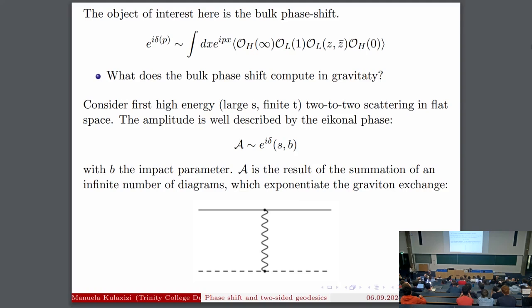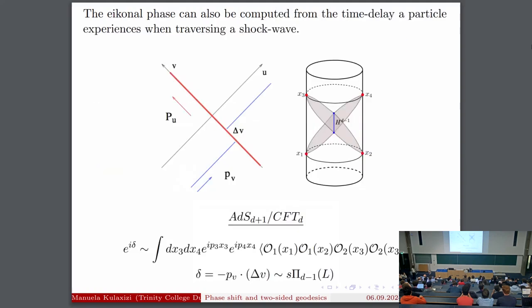And we consider a 2 to 2 scattering amplitude in flat space. So then you know that this exponentiation happens. And in practice, this result contains an infinite number of diagrams that basically exponentiate this graviton exchange diagram. So now you see where we are effectively going.